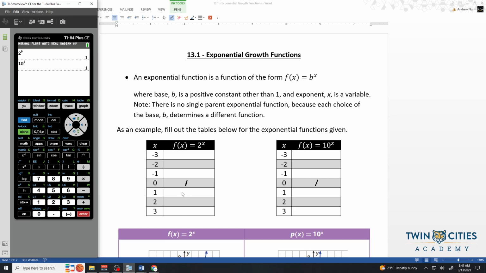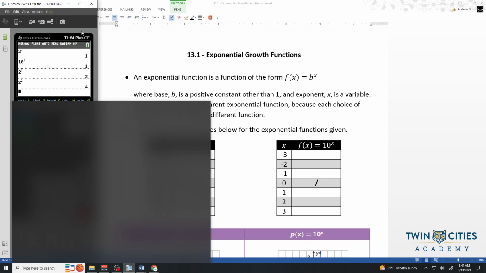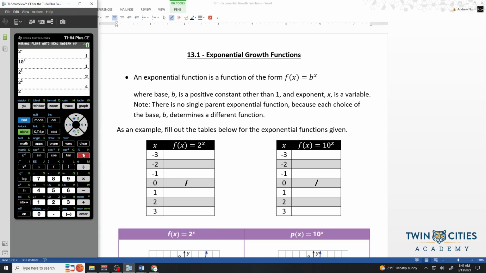Okay, let's go in the positive direction. If I go 2 to the first power, I get 2, 2 to the second power, I get 4, and 2 to the third power, I'll get 8. So 2, 4, 8. Okay, what do you notice about that? Well, I see that it doubles here, and then it doubles again, and then it doubles another time.